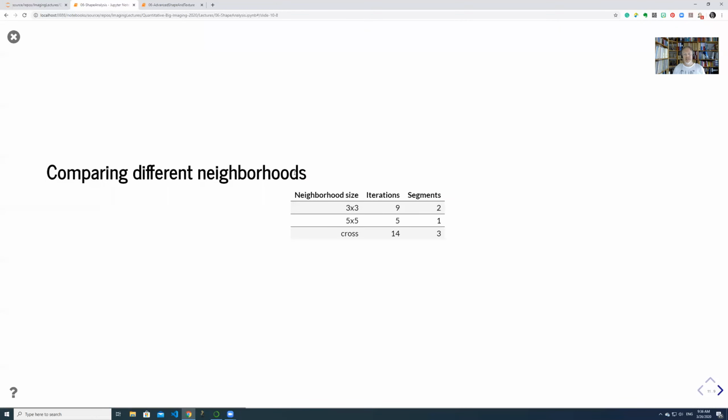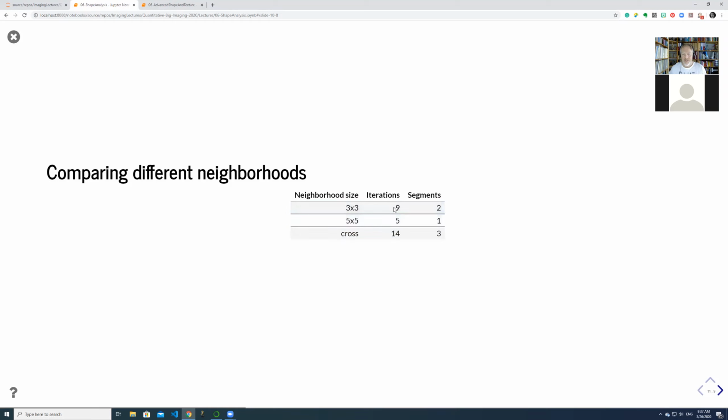So when we now compare the different neighborhoods, you can see that the neighborhood size 3 by 3 solved labeling within 9 iterations. We ended up with 2 segments. If we do the 5 by 5, we finish in 5 iterations, and then we only have 1 single segment out of it. Finally, when we have the cross, we have more iterations and end up with 3 different segments.